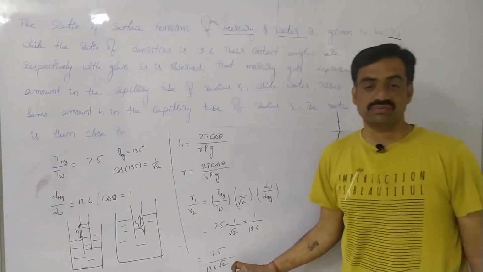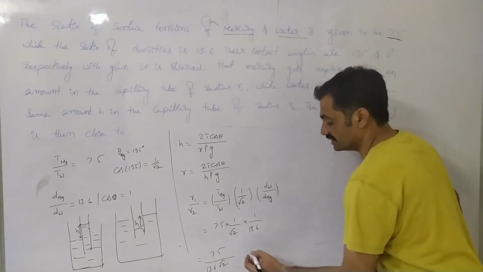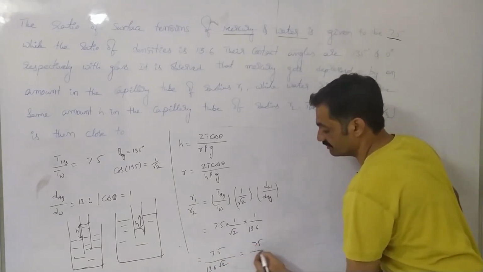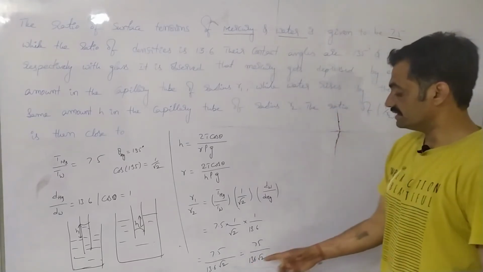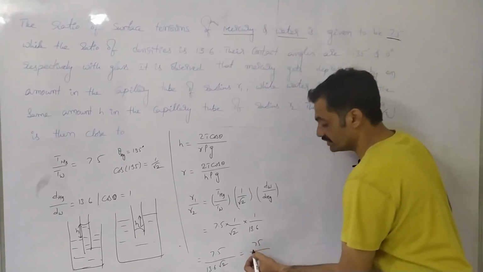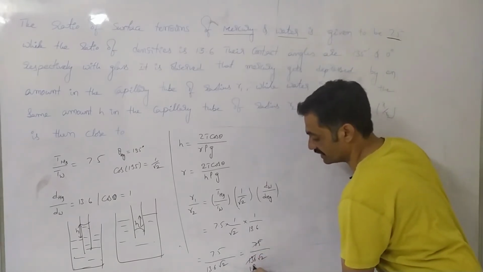When we simplify this, we can represent the ratio as 75 by 136 root 2. Now let's divide this. Observe that 75 2s are 150. So here we get approximately 1.9.